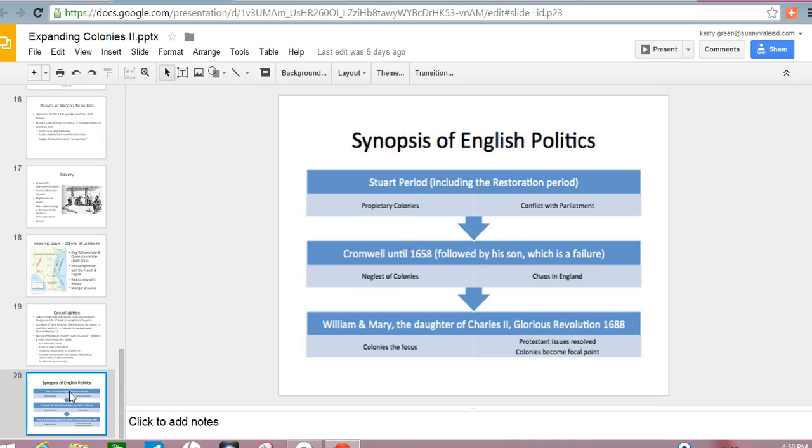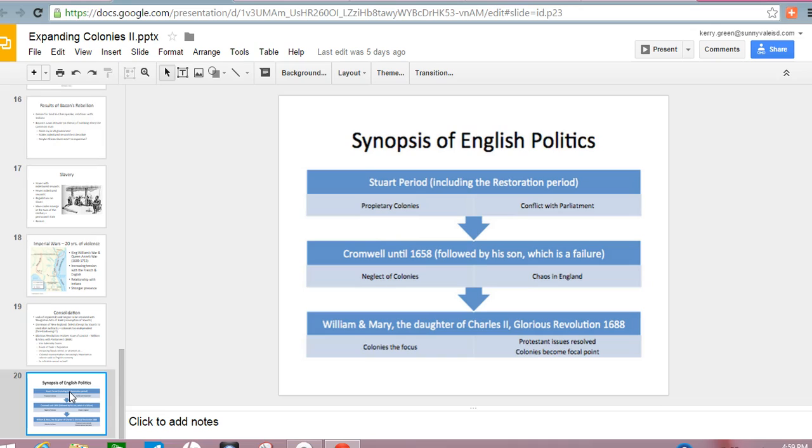So we've covered basically with these two lectures the establishment of the major colonies, the establishment of the major trends. I've touched on a lot of different things that have to do with religion, politics, and economics. And again, this is just kind of the overview. I'm just barely skimming the surface. There's a number of places that we could have gone way deeper if we had the time.